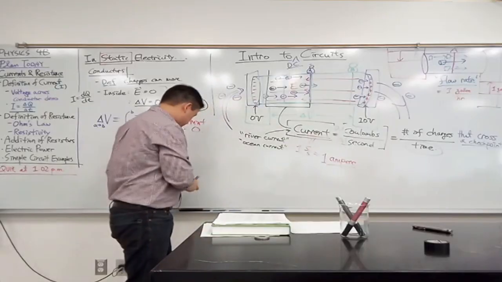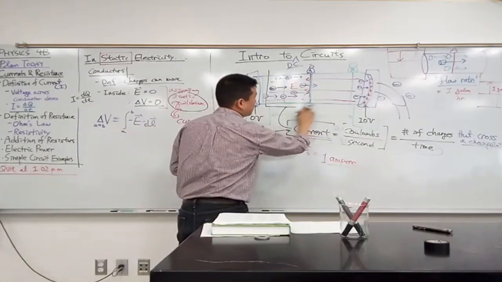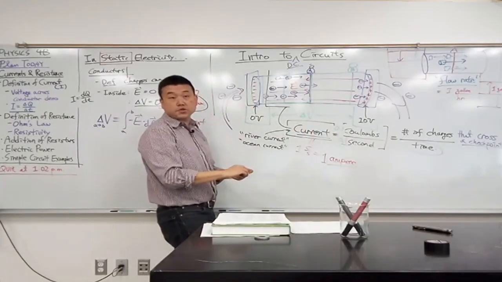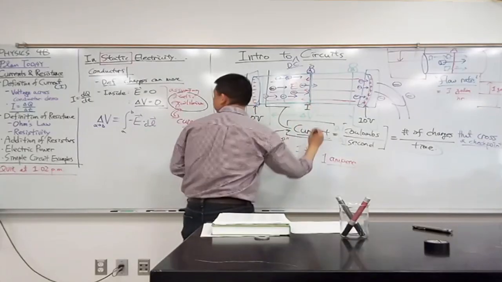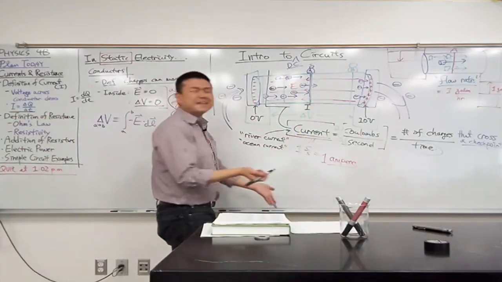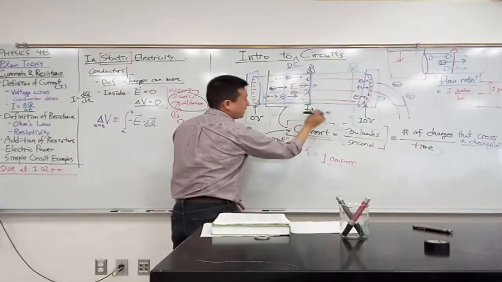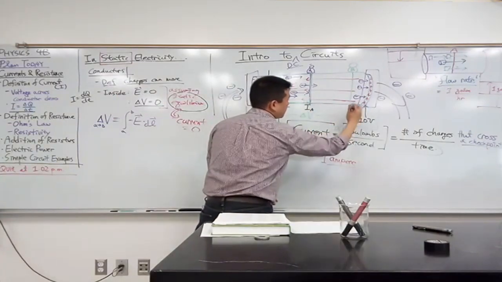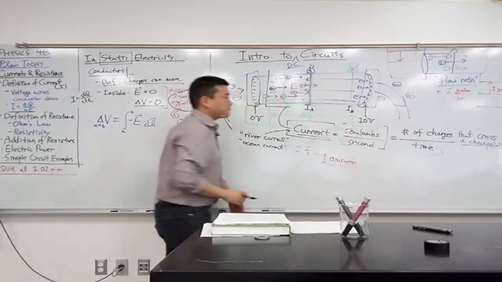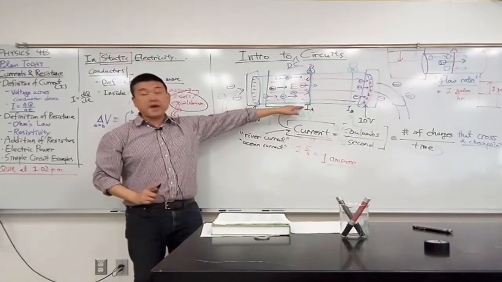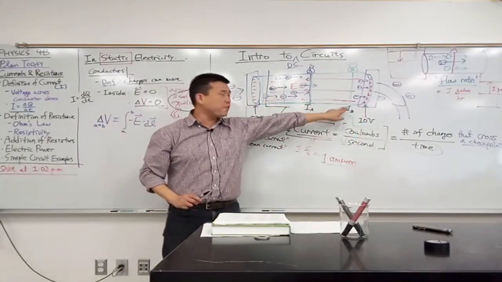The symbol we use for current, by the way, is I. I don't know why it's I. It's just I. Let's say current at point A is IA, and current at point B is IB. From knowing current at point A, do you know anything about current at point B?